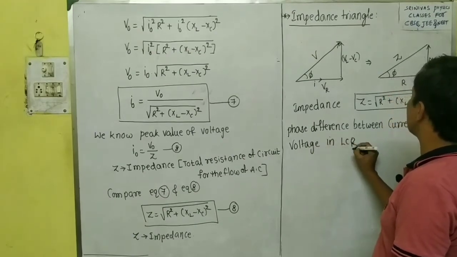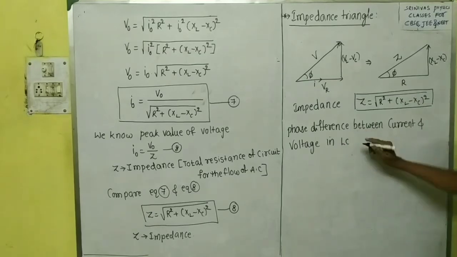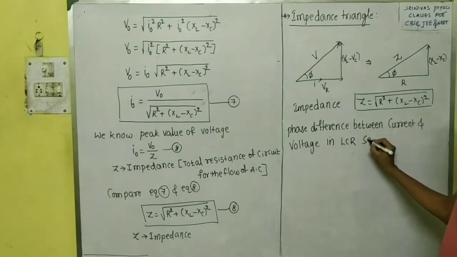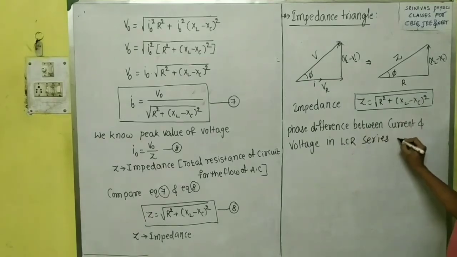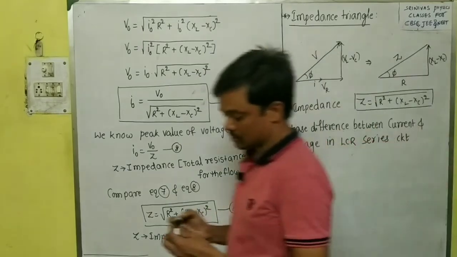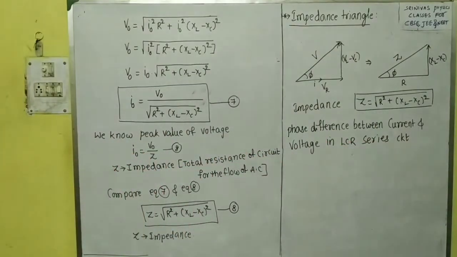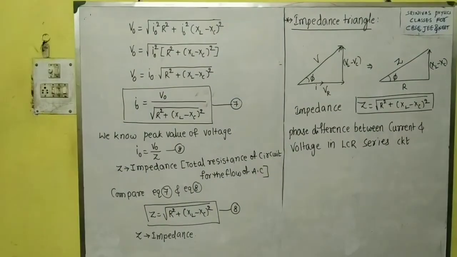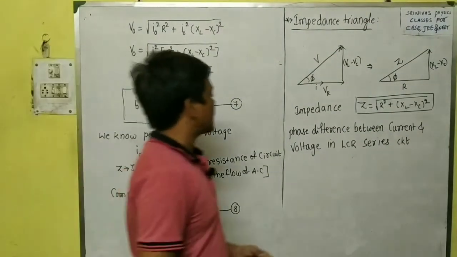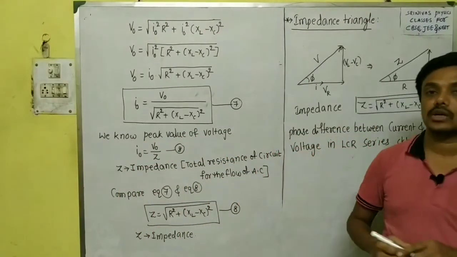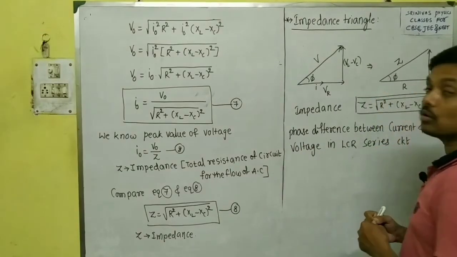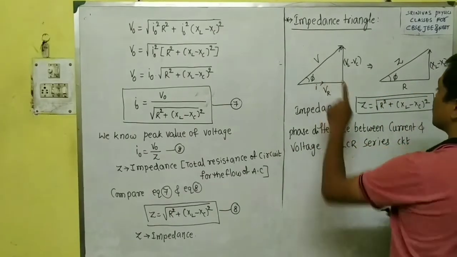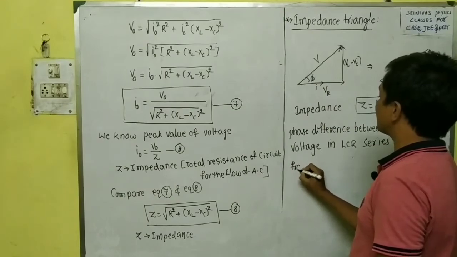In an LCR circuit, what will you get? See here, I want to derive the formula for the phase difference between the current and voltage. For that, we use the impedance triangle.